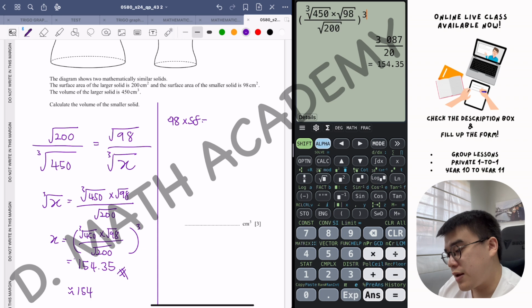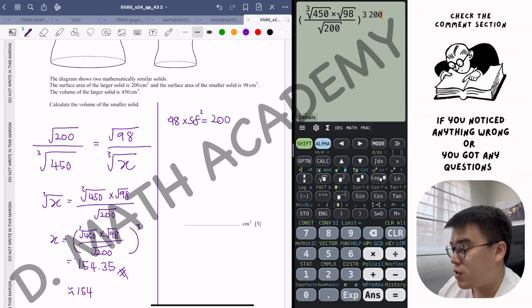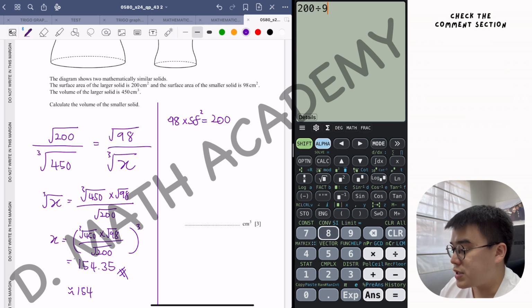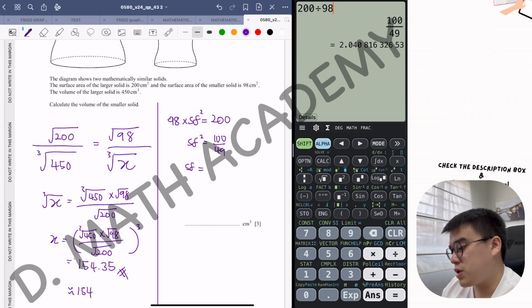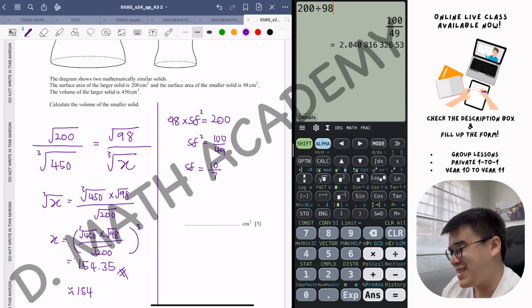98 times SF squared equals 200. So 200 divided by 98 equals this, and if you were to square root it, it will be 10 over 7.